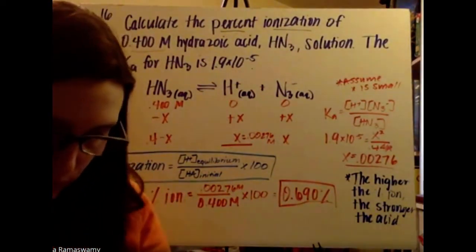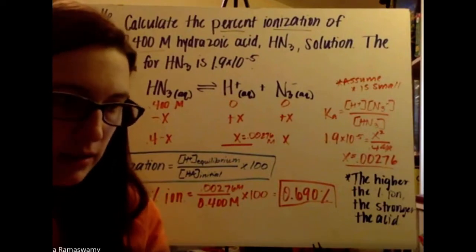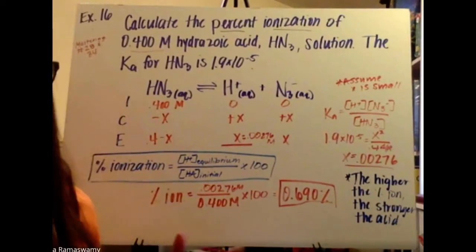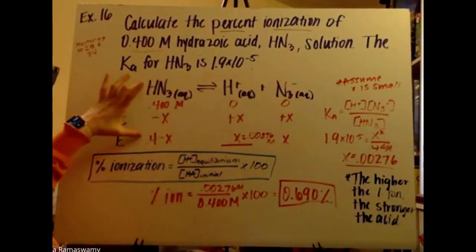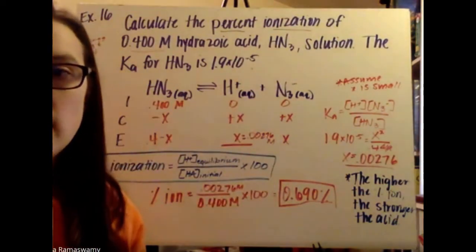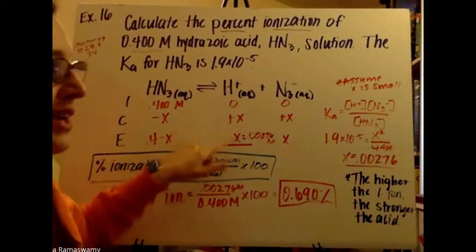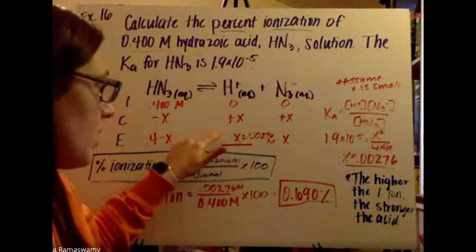As you look through example 16, are there any questions? So again, we were using the ICE table for the weak acid to calculate something at equilibrium. We were calculating H+. So yesterday we looked at how we could calculate pH, which needed H+.